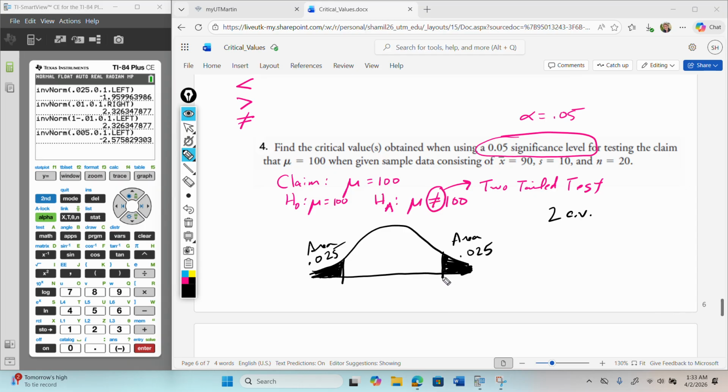Are they a z-score or a t-score? Our population parameter is a mean, and we've been given the sample mean, and we've been given the sample standard deviation. We have not been given the population standard deviation. So sigma is unknown.